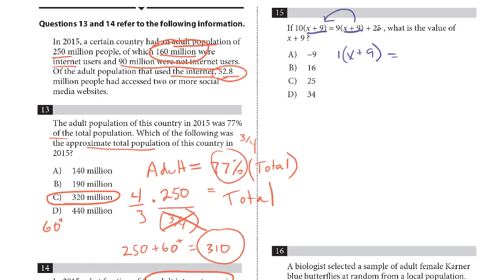And the only thing left on the right side is going to be 25. The question asks, what's the value of x plus 9, which is 1x plus 9? Well, the value is simply 25. The correct answer for 15 is C. I could have multiplied it out, combined terms, solved for x, and then plugged back in x plus 9, but there was really no need in this case.